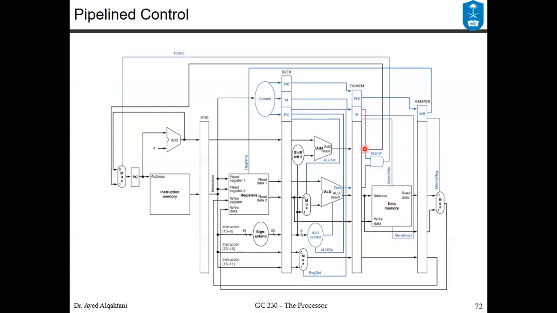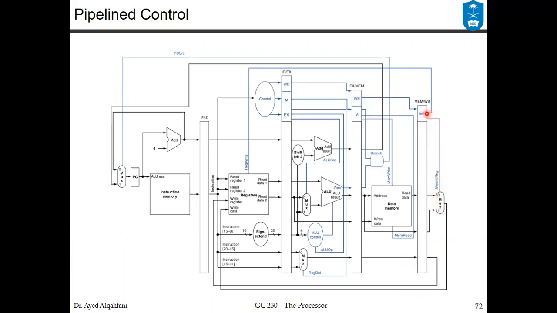And the branch, don't forget you have a zero as well from here to get the branch source to the PC source for the program counter. Now for the write back, you save, forward, and forward again, and at the end you give it to this mux, memory to register.